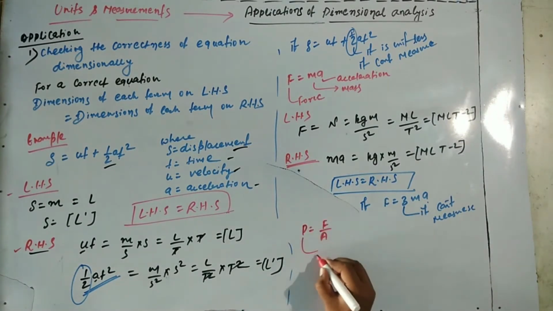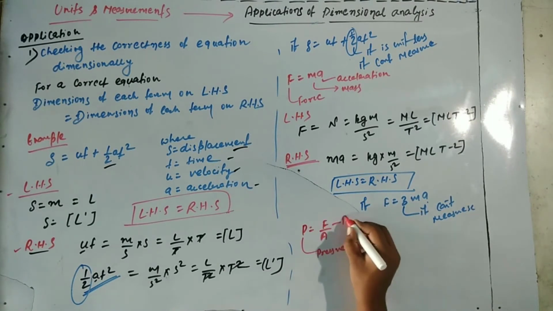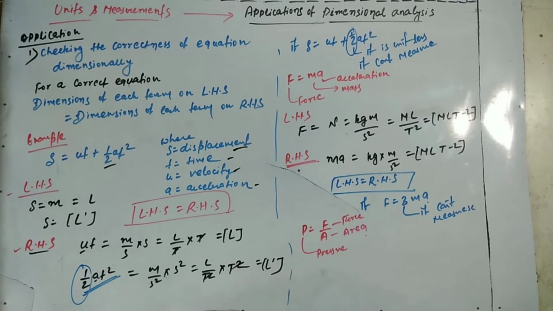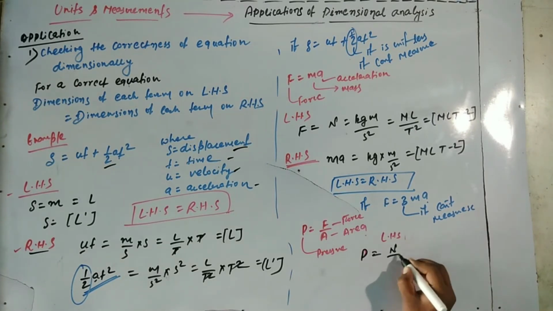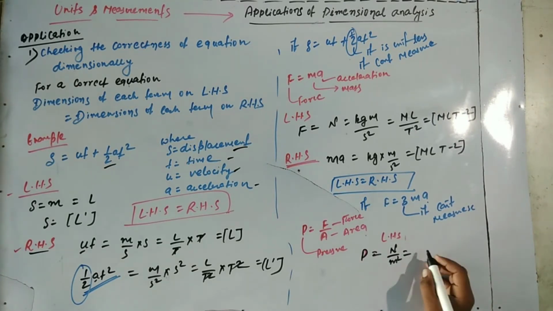Next we take, if the given equation is P equals F by A, where P equals pressure, F equals force, and A equals area. For the LHS term, pressure equals Newton per meter square in SI unit.